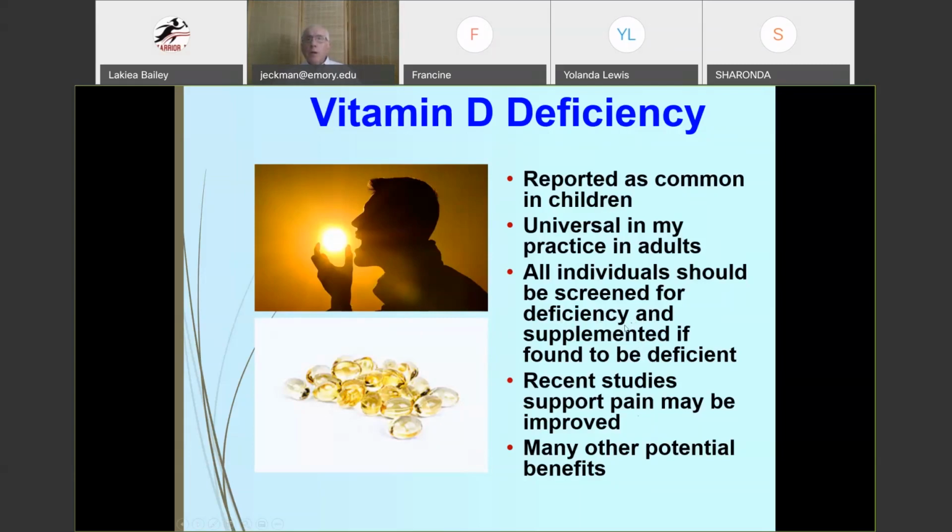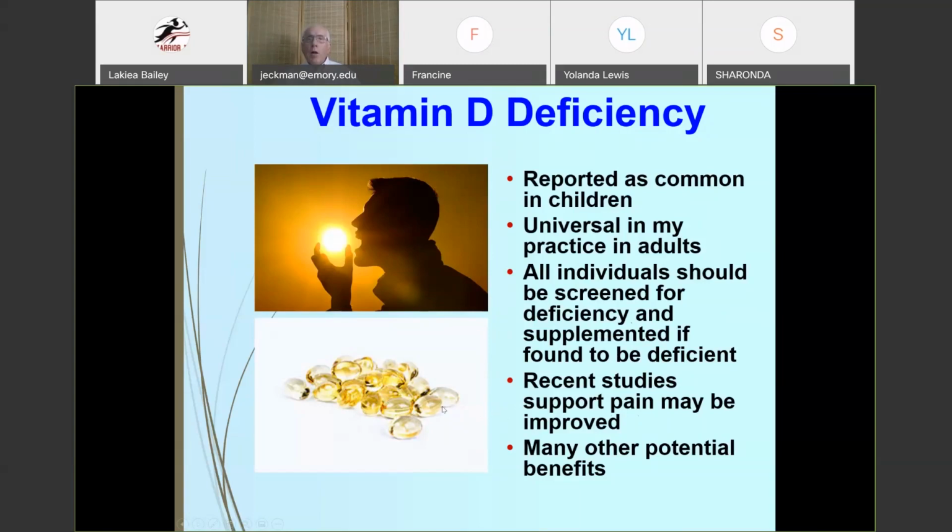Vitamin D is often given in combinations with calcium, and these are acceptable for sickle cell patients, but most individuals with sickle cell disease need much more vitamin D than they get from these combinations, and so they require pure vitamin D pills. And I'm not going to go into dosing. That's something you should discuss with your physician, because I need to adjust it based on your calcium level and your vitamin D level, but certainly you should be screened for vitamin D deficiency.